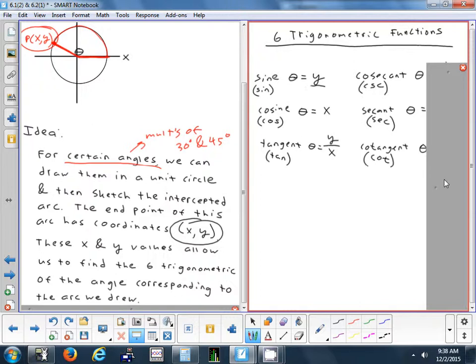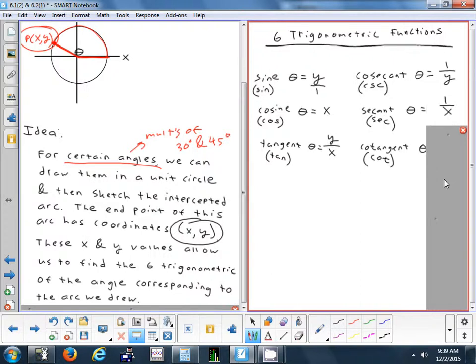If you wanted to pretend like there's a denominator, you could put that over 1. And what do you get if you flip y over 1? 1 over y. So the cosecant is just the sine flipped. What do you think the secant is? 1 over x. Yes.